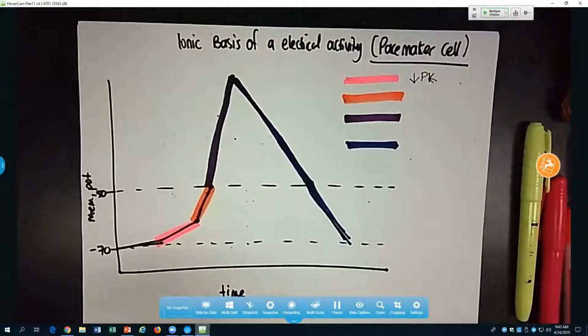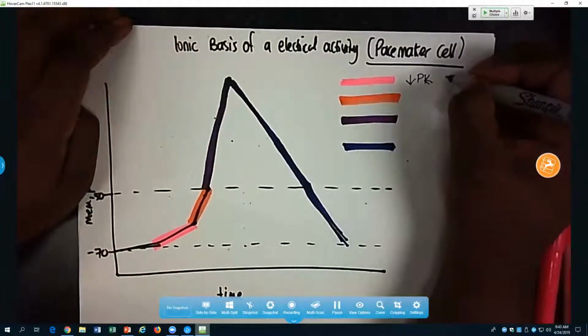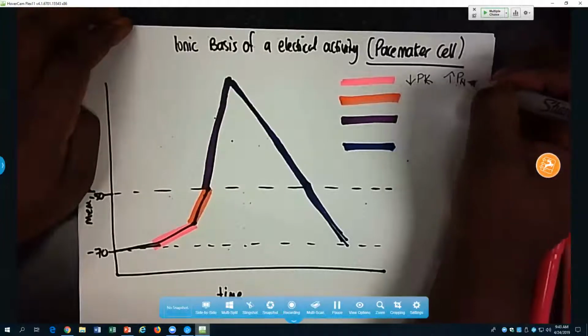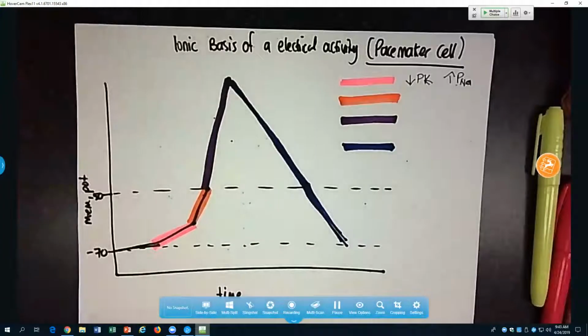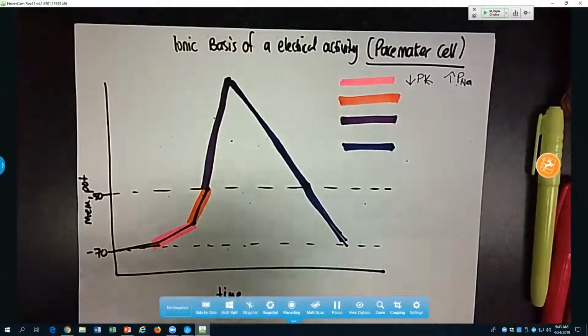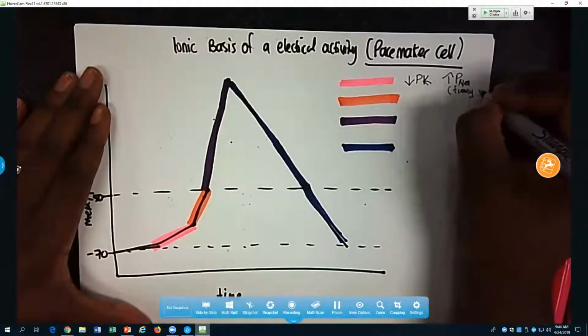And then we also have the opening of what we call funny channels, which is going to allow the movement of sodium. Okay. So we have the closing of the membrane channels for potassium and the opening of some sodium channels, which we call funny channels. So I'm going to put in brackets here, funny.